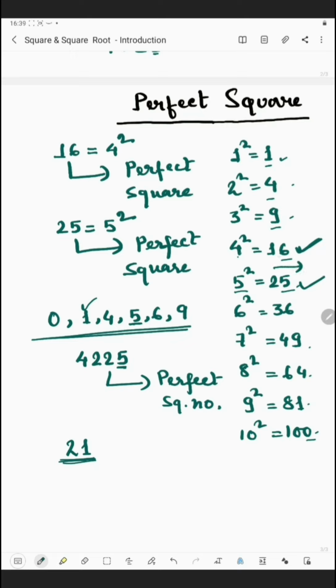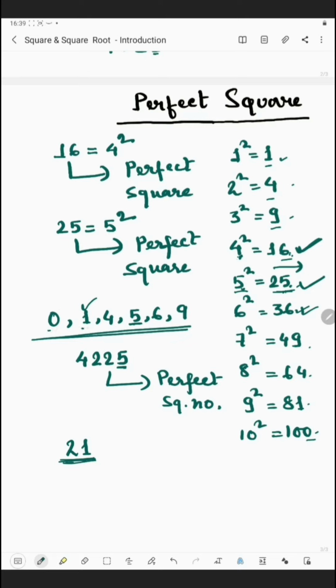Now we can see that in between 4 and 5 no number is there. So after 4 square, that is 16, the next perfect square number is 25. Again after 25, the next perfect square number is 36, because no number is present between 5 and 6. So since 21 is in between 16 and 25, though it ends with 1, it cannot be a perfect square.